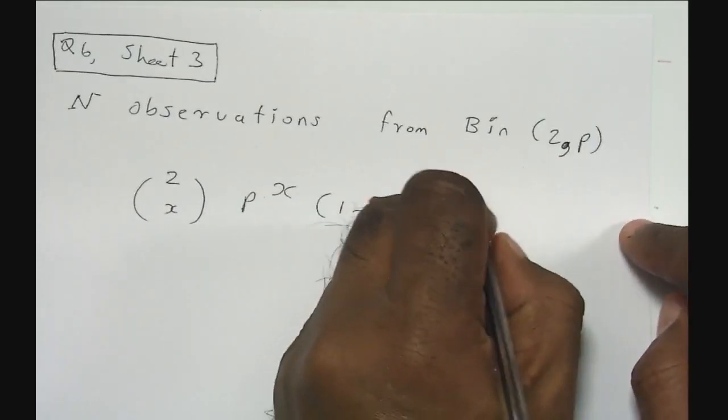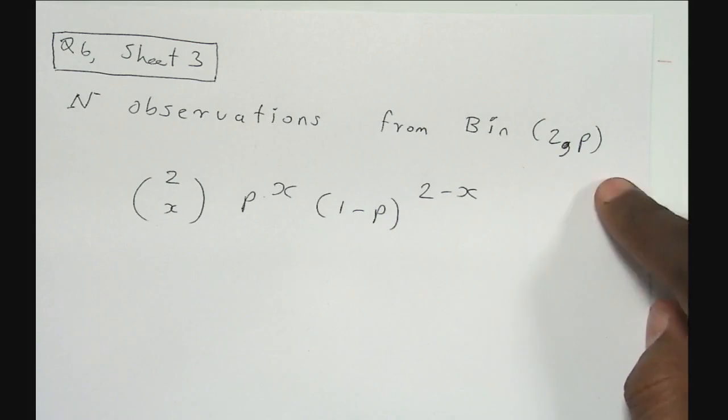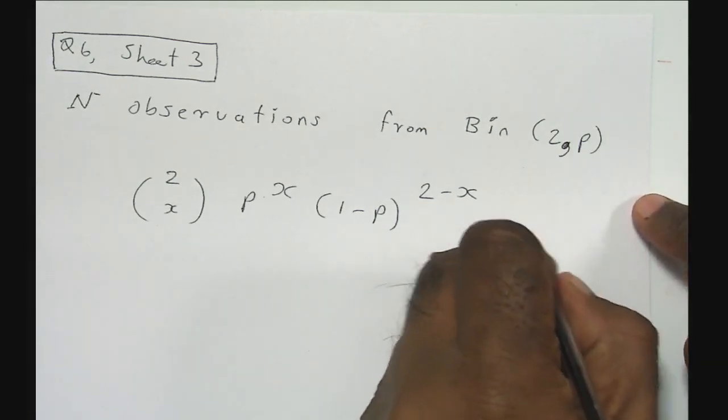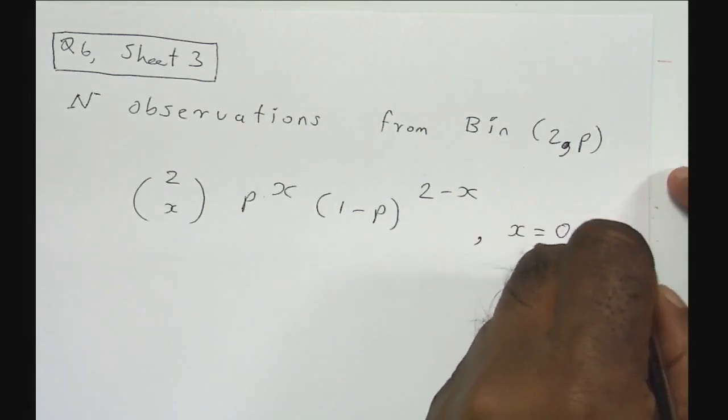This is the probability mass function of this, guys, where the possible values for x are 0, 1, or 2.